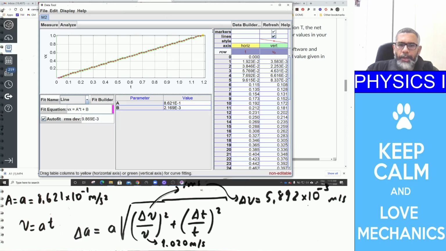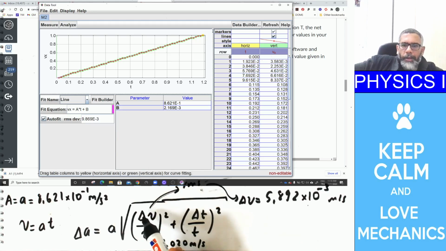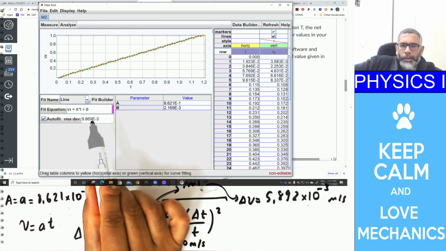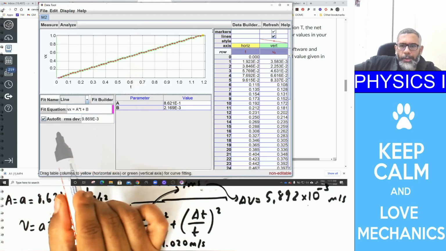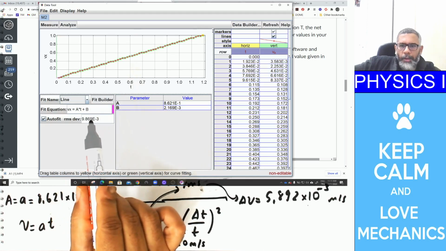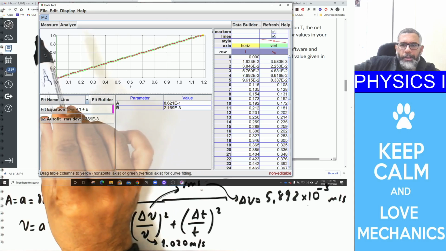And what about the next parenthesis? You put these values over here, and take the square of this ratio, plus the next one, delta T divided by T. So how do you get delta T? The root mean square deviation is the uncertainty of the variable on the vertical axis.